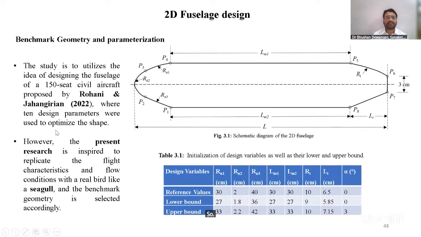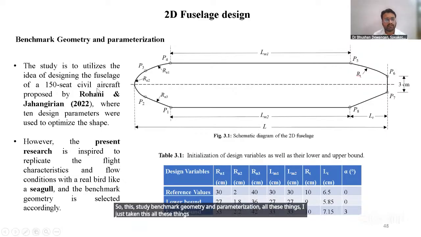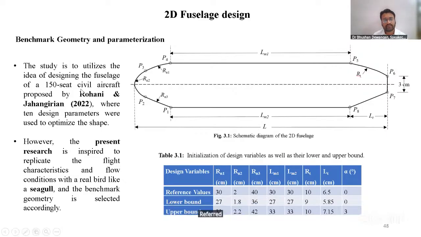So this studies benchmark geometry and parameterization of these things. I have taken all this referring to the 150 seat civil aircraft proposed by Rouhani and Zangarian 2022. So they have mentioned the 150 seat civil aircraft, and according to that, they have mentioned some fuselage. In their fuselage, the dimensions were in meters, and their parameters were about 10.